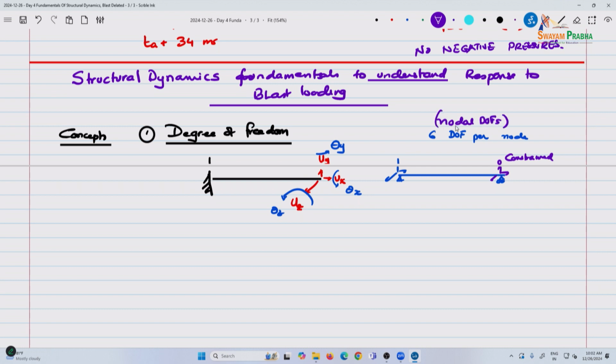When you are using finite element programs like LS-DYNA or Abaqus, what you are going to get back are these nodal degrees of freedom, rotations and things like that. But in the concept of a structural single degree of freedom, we use a structural deflection as a degree of freedom, or a rotation.